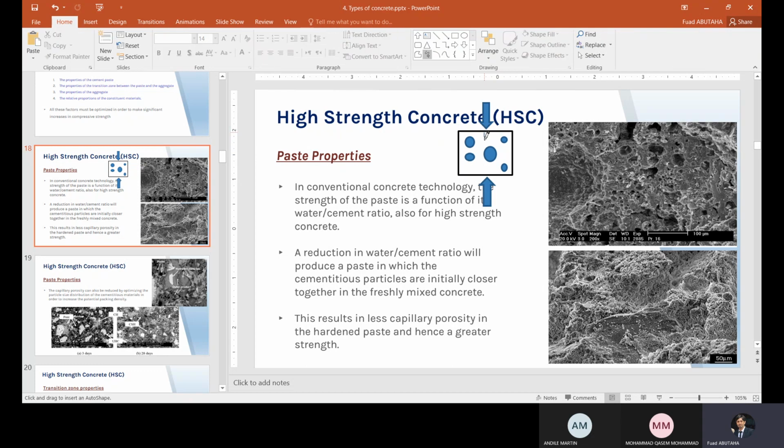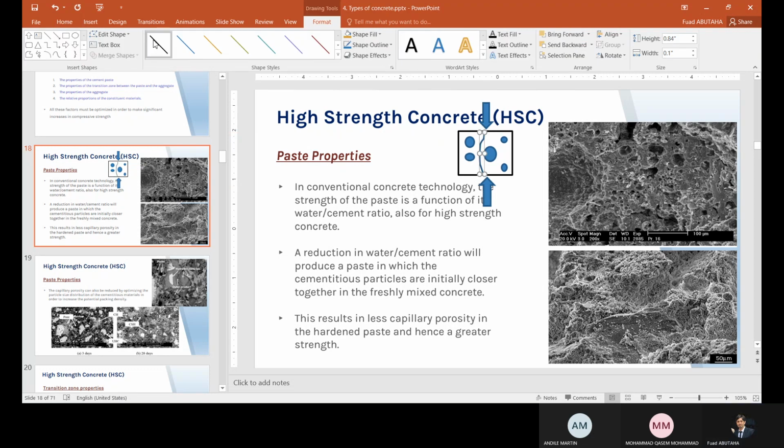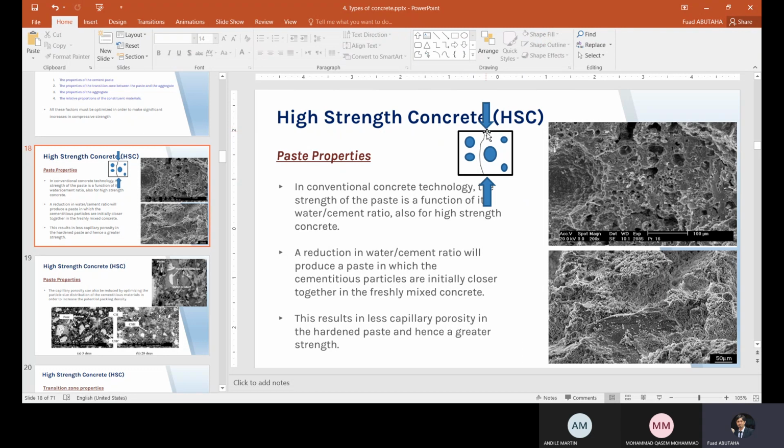The failure can move through the cement paste. This is one type of failure, where the weakness part is the cement paste.